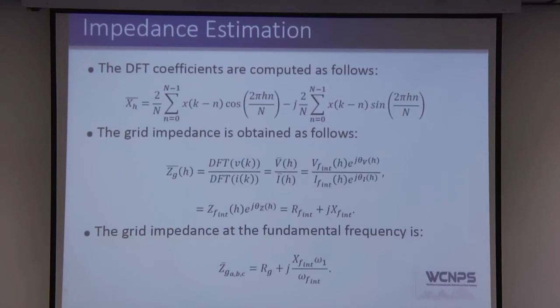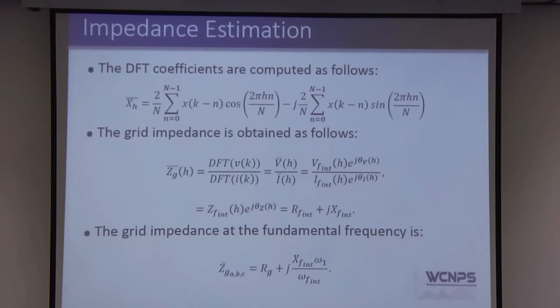That's the samples in the window, and k is the current sample. The real part is dependent on the cosine. The imaginary part is dependent on the sine.